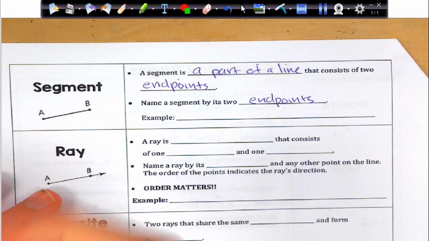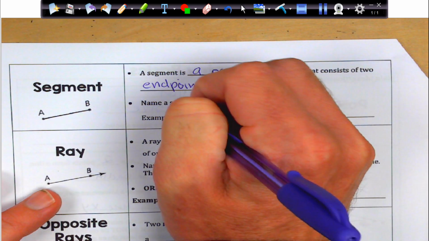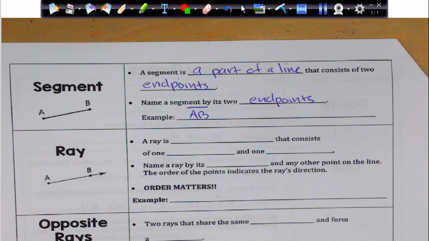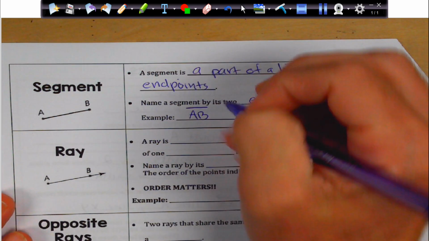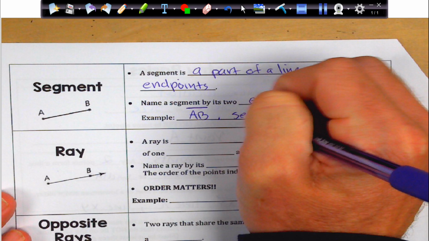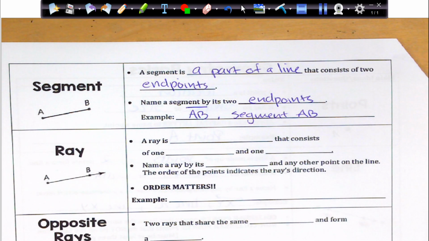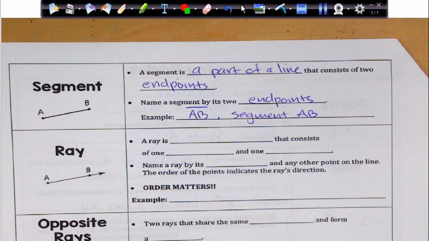For example, this one we'd call AB, and we just put a line right over it. We don't have arrows, notice. And we also could do, if we wanted, segment AB if you want to write it out. But we typically would go with this notation. And no arrows means it stops.